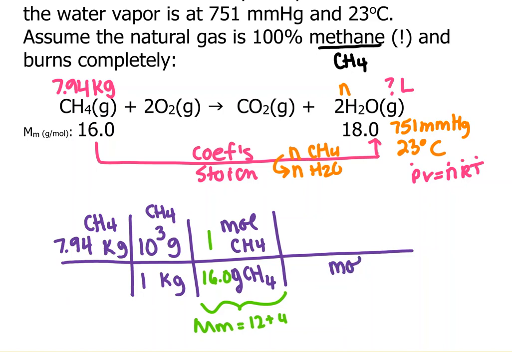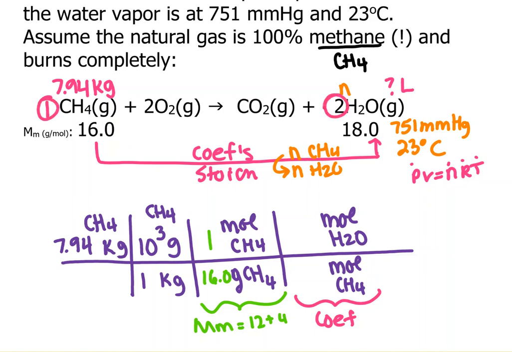Okay, then once I get to moles, I can go to moles of what I'm interested in. I'm interested in water. And this is where I use the coefficients. This is the step that's stoichiometry. The coefficients are the numbers in front. That's a 1. This is a 2.